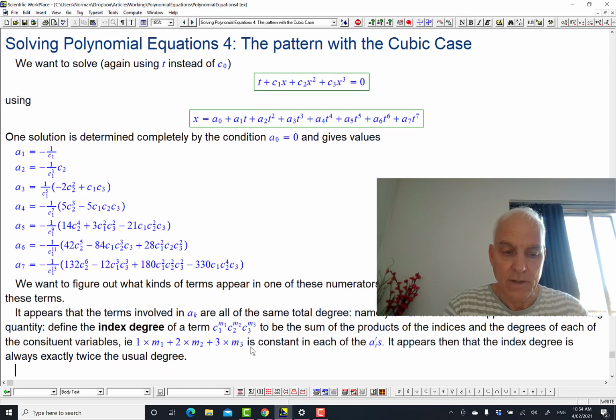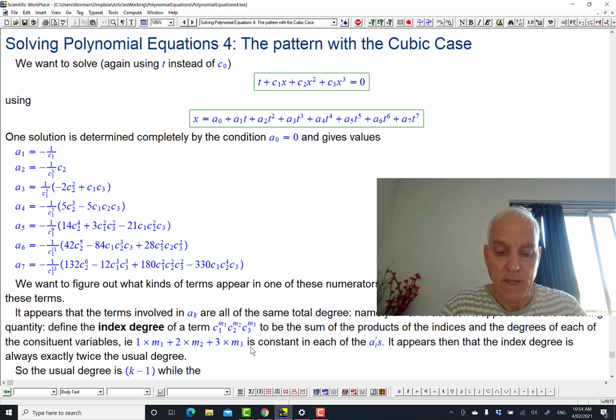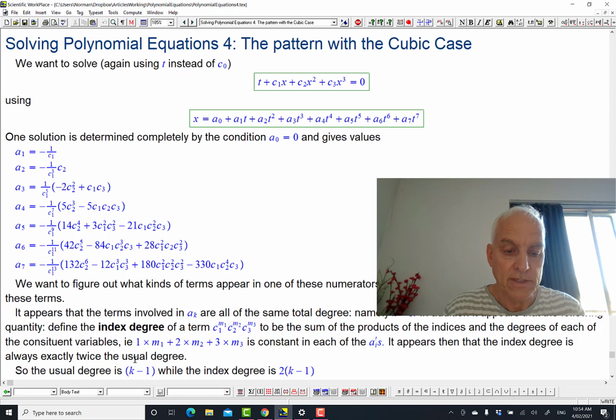So let's say the total degree, or the usual degree, is k minus 1, while the index degree is 2 times k minus 1. So when k is 7, the usual degree is 6 for all these terms, while the index degree is 2 times 6, which is 12.